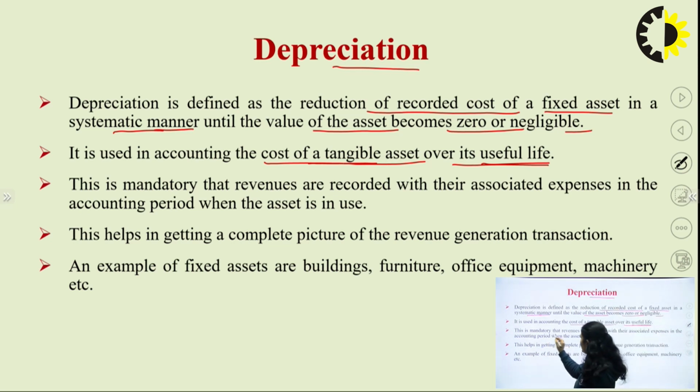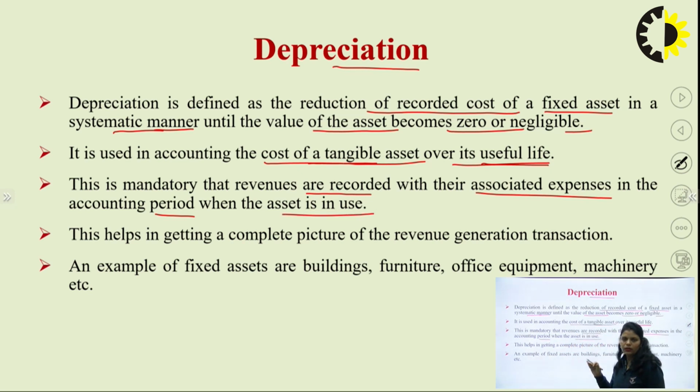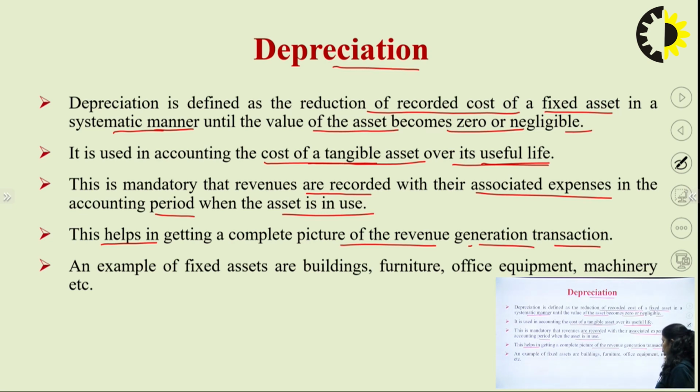It is mandatory that revenues are recorded with their associated expenses in the accounting period when the asset is in use. And depreciation will also help in getting a complete picture of the revenue generation transactions.